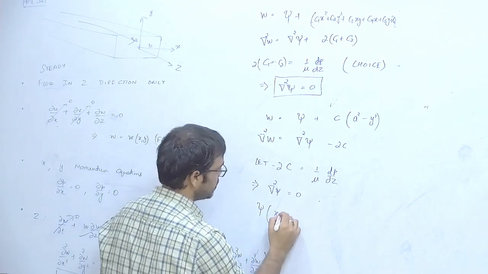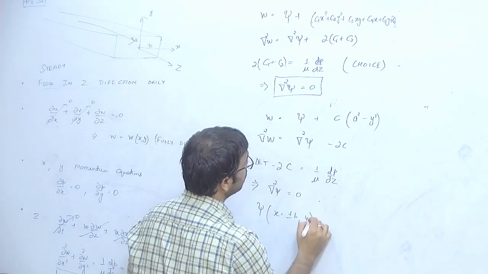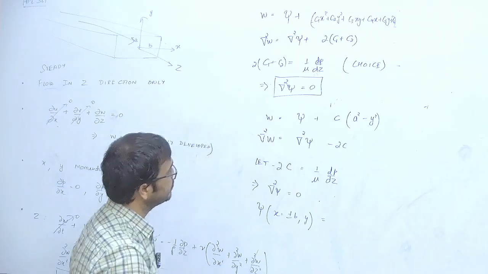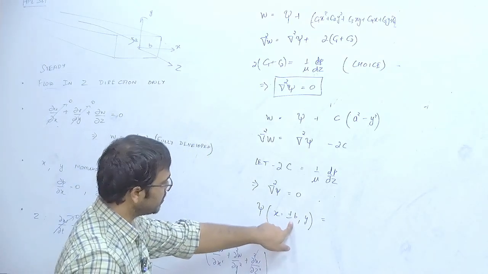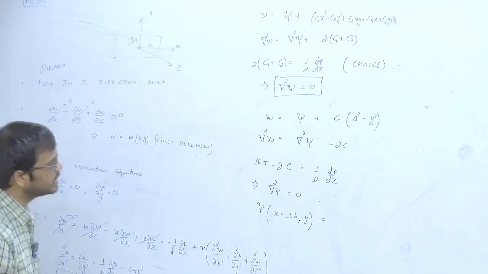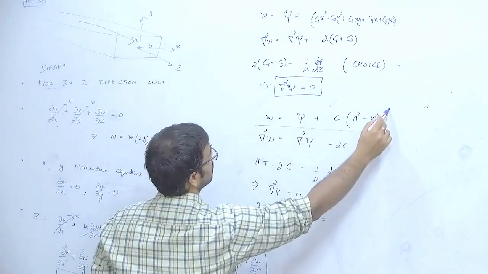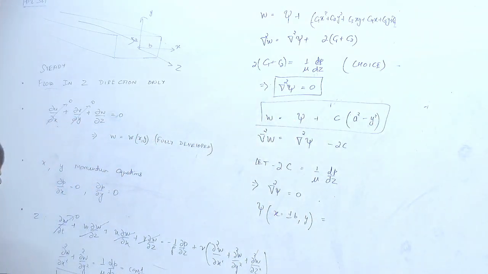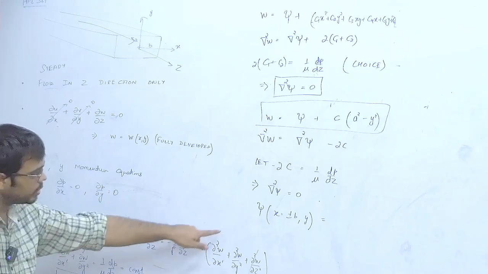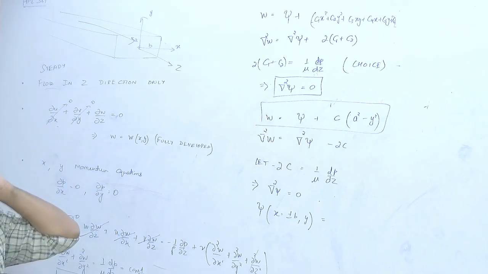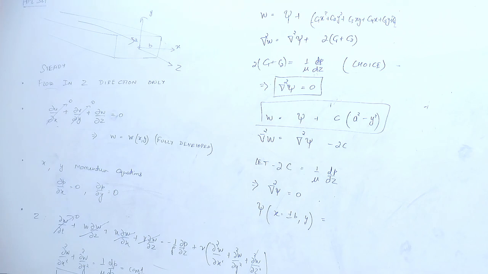x equals plus minus b for all y. What are the boundary conditions in psi on these vertical walls? This is W, these are the boundary conditions in W. So, what is psi at x equals plus minus b for all y?